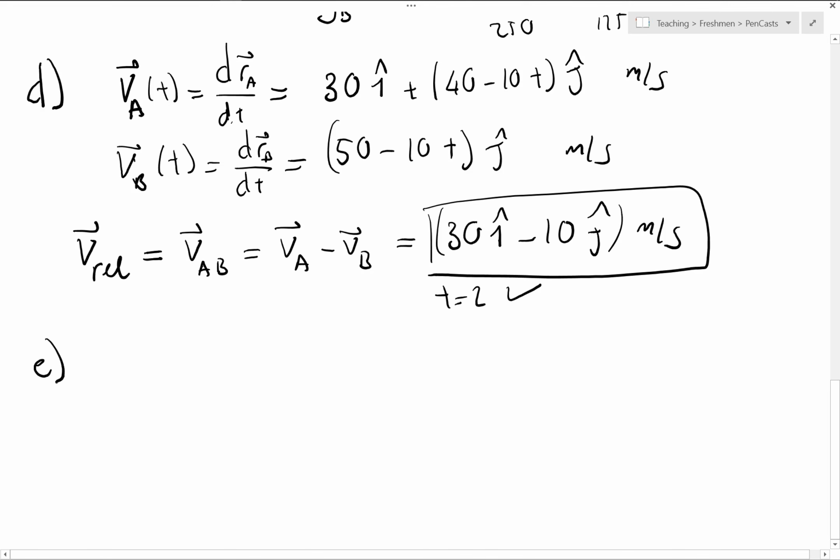How about E? What does question E ask? What's the distance between the two objects at time t equals 1 second? Alright, so RA at t equals 1 second. When I put t equals 1, RA is 30 meters i hat plus the y component, 40 minus 5, 35 meters j hat.